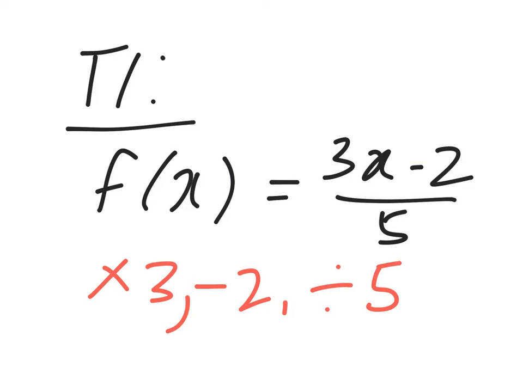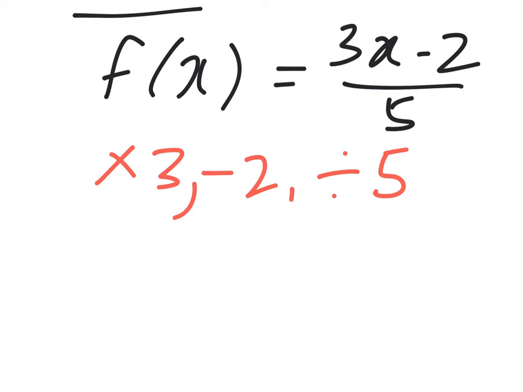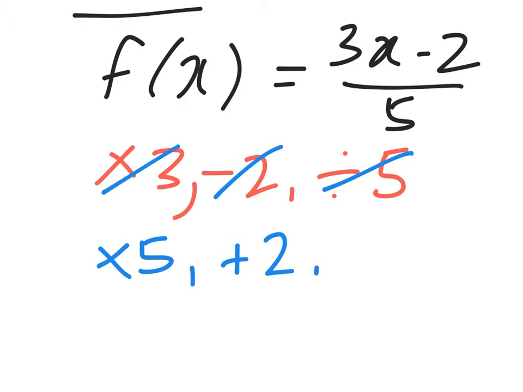So that means that if we want to create the inverse function, we have to do the opposite steps in reverse order. Okay, so last I divided by 5, so that means first I multiply by 5. Then I subtracted 2, so now I have to add 2. And then I multiplied by 3, so I have to divide by 3.